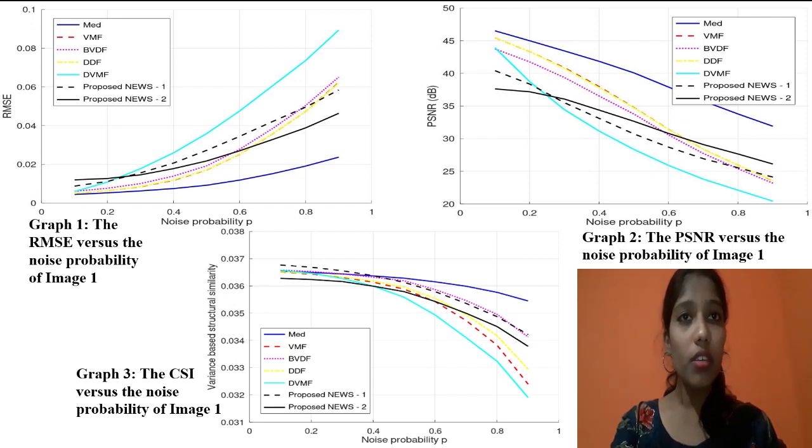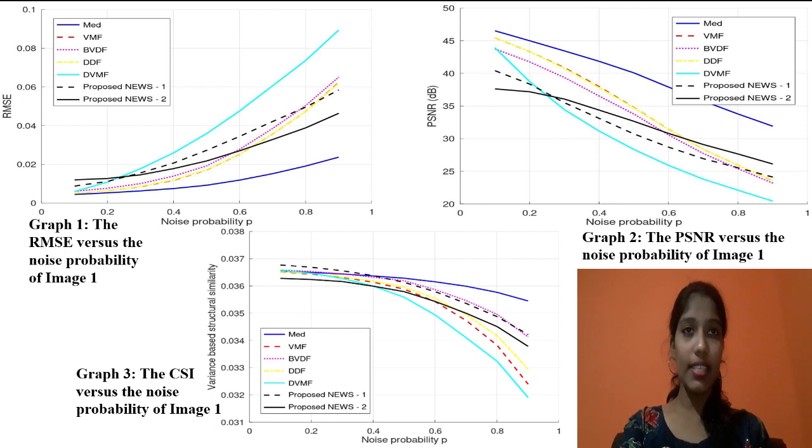A switchover is noticed between black solid and dashed lines at p equals 0.3. It can also be seen that directional vector median filtering does not scale well with noise because it does not guarantee that the best pixels are taken to compute the final result.